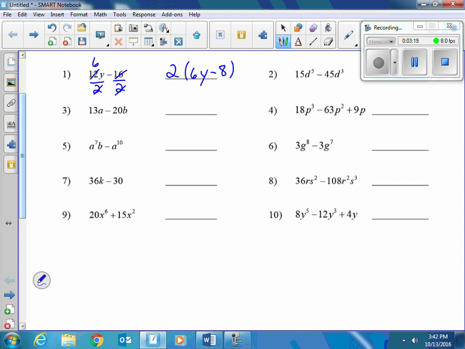Except if you look back at what you already factored, that still has factors in common because 2 will go into 6 and 2 will go into 8. So while you factored that, you did not factor it into what the goal is. The goal here is to get the product of your greatest common factor times a prime polynomial.